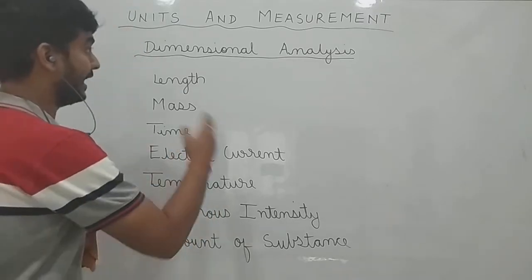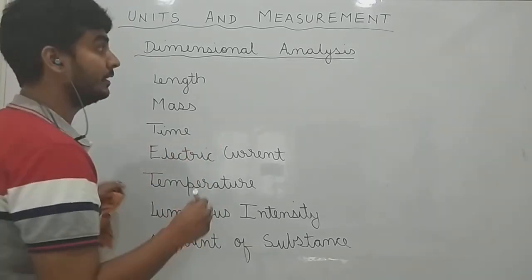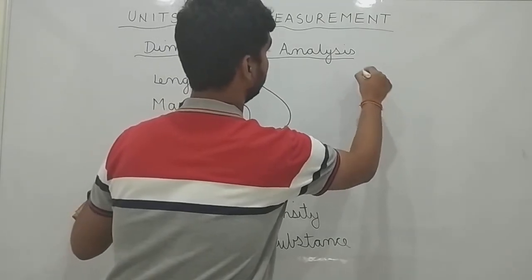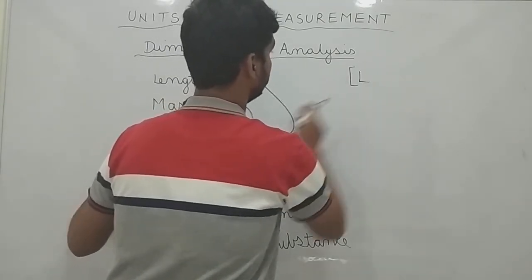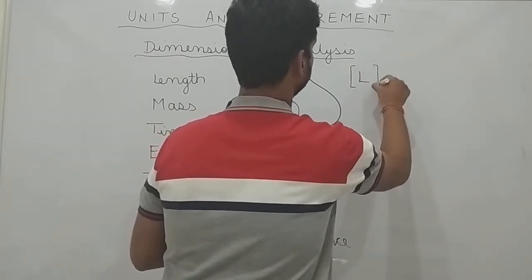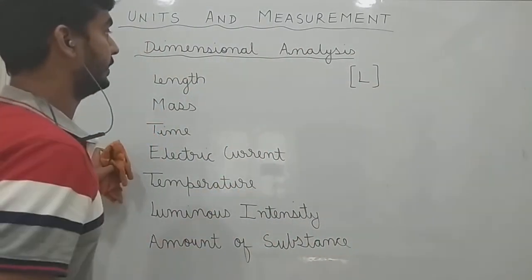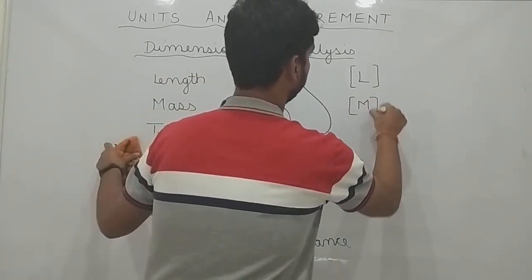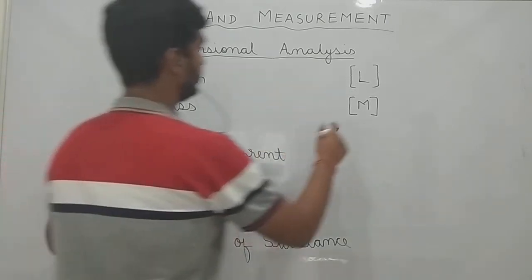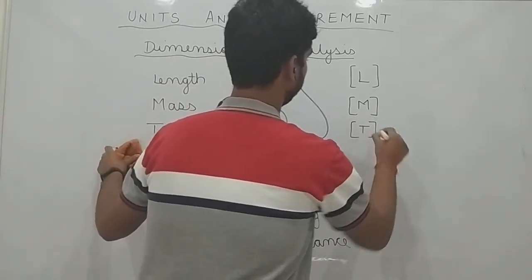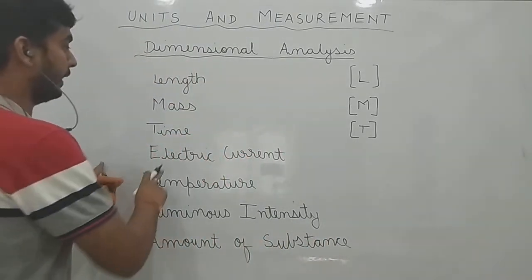So the dimension used for length is capital L enclosed in square brackets. Similarly, the dimension used for mass is capital M enclosed in square brackets. The dimension used for time is capital T enclosed in square brackets.